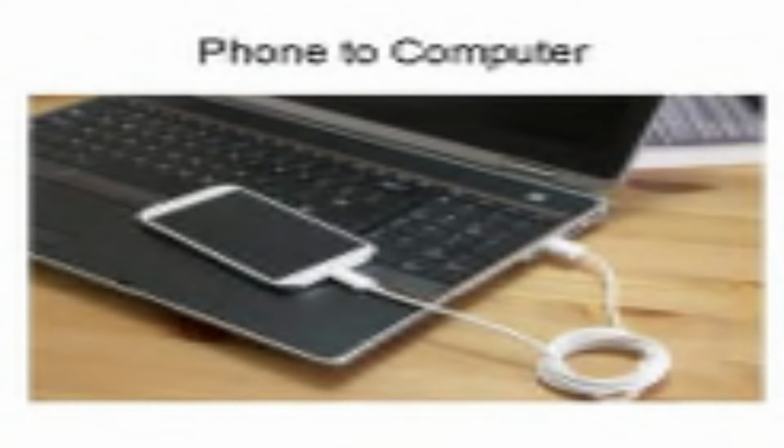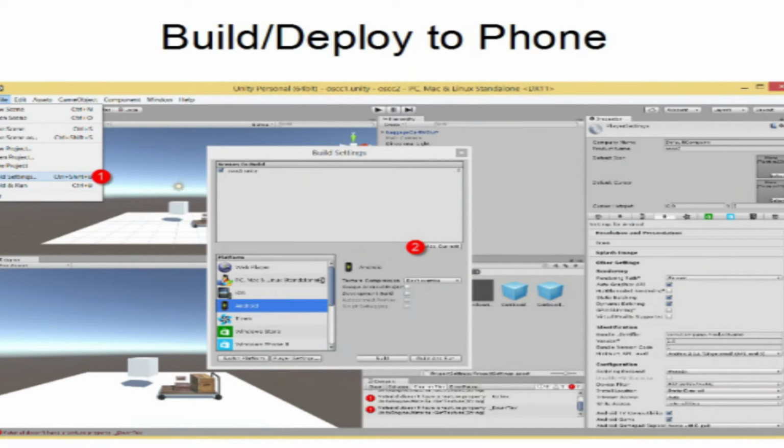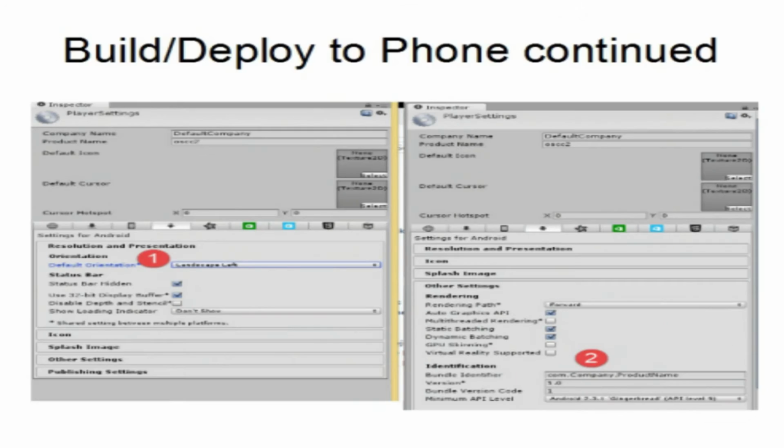All right. And then you have to get something in Android called the Android Debug Bridge. So you plug your phone into the computer, and you go ahead and deploy your game to your phone.